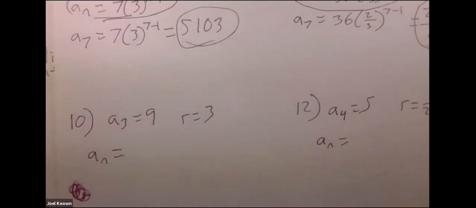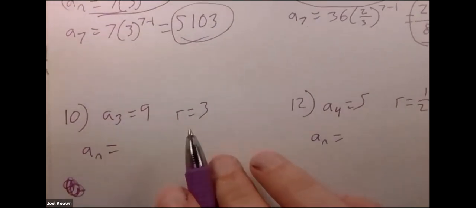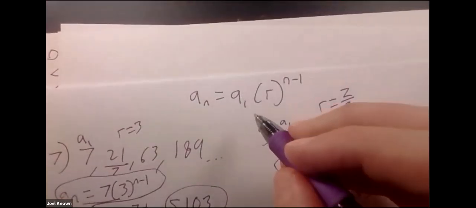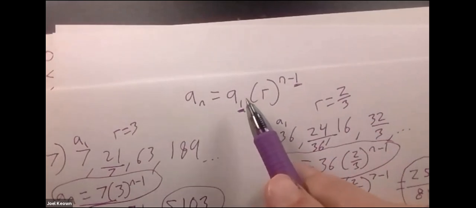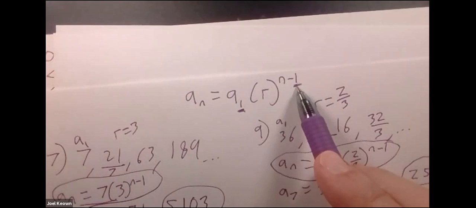Moving on to the last set. It says a sub 3 is 9, r is 3. Okay? And it just wants a general rule. Well, again, just like last time, this right here doesn't have to be a sub 1. I just have to match that with that number. So if I change this to say a sub 2, I need to change that to the number 2.